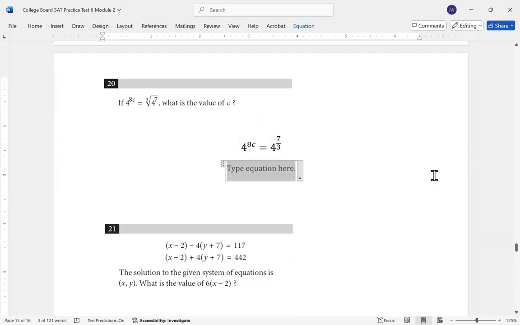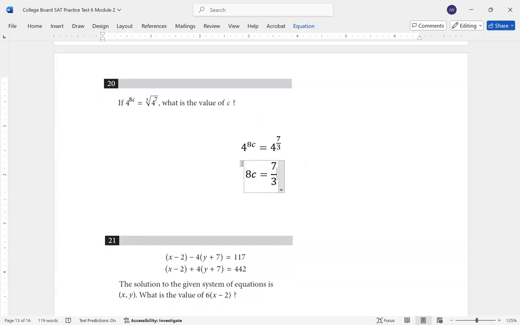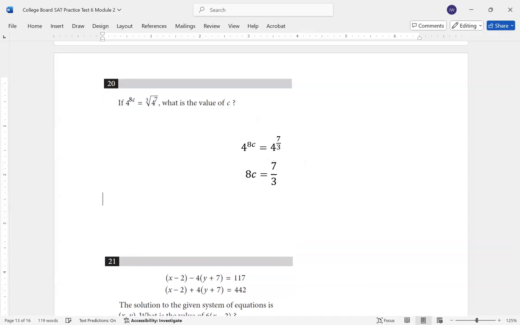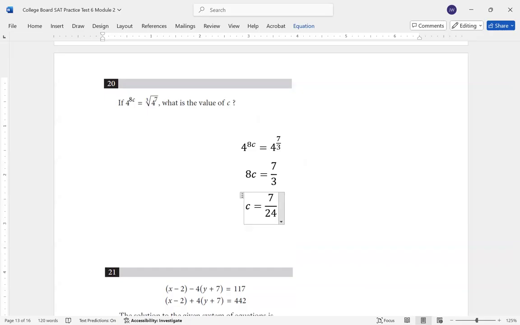Now that I know this, 4 raised to the 8c power is equal to 4 raised to the 7/3 power. Now I know that 8c has to be equal to 7/3. To solve, I can divide both sides by 8. When I divide both sides by 8, I get c is equal to 7 divided by 24.